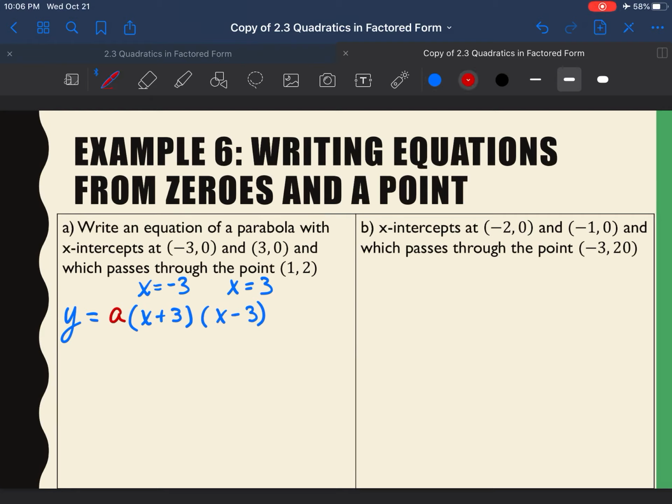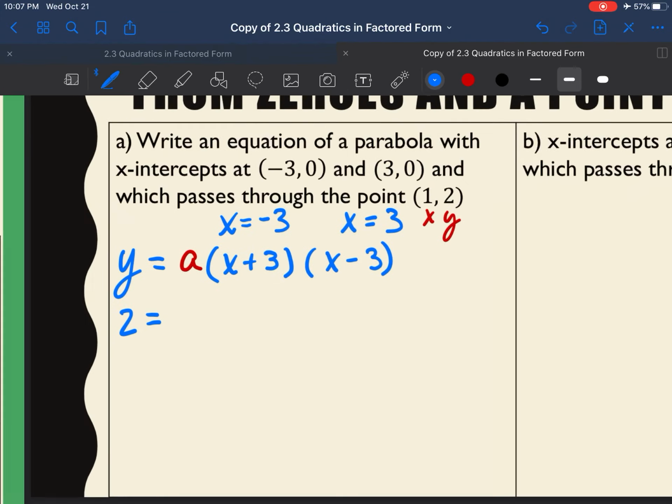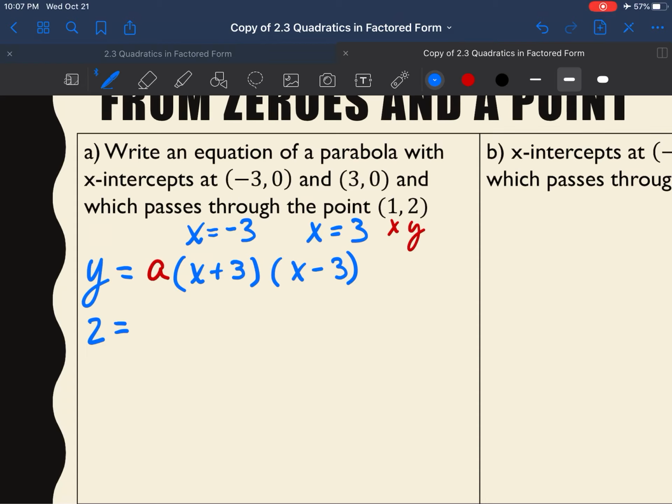Well, if we're going to figure out what a is equal to, then we're going to use that 1 and 2 for x and y to figure out what a is equal to. So I will do that. So plug in a 2 for the y and plug in, let me zoom in a little bit, and plug in a 1 for both of the x's.